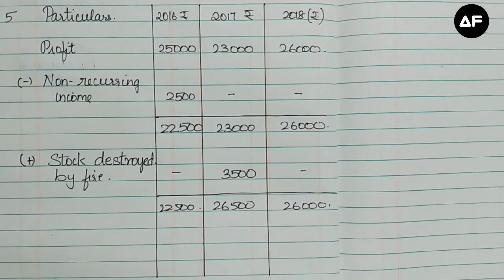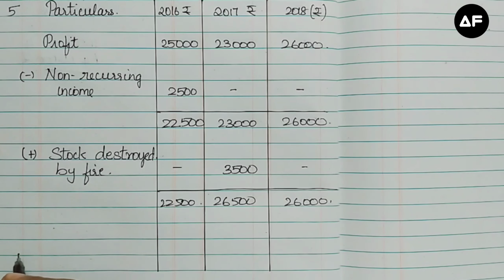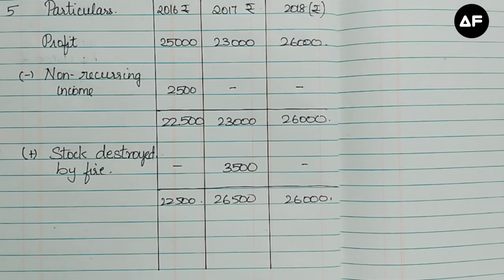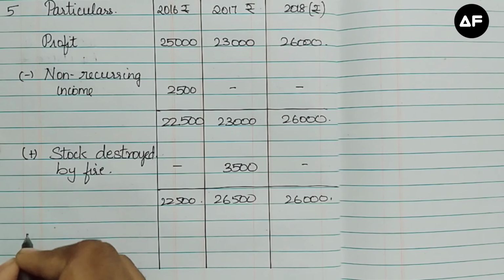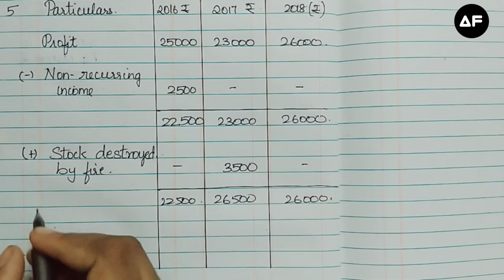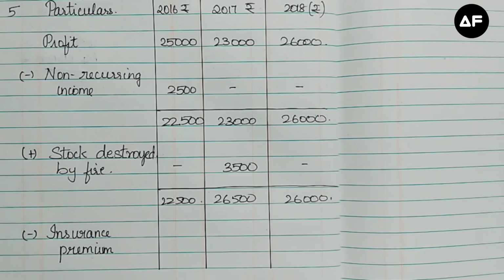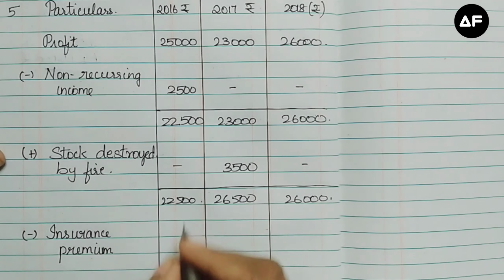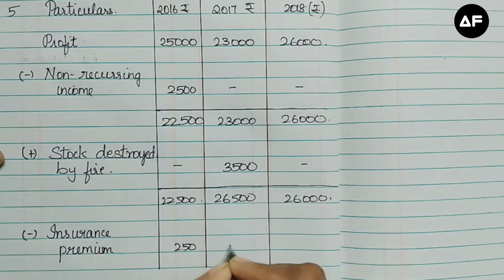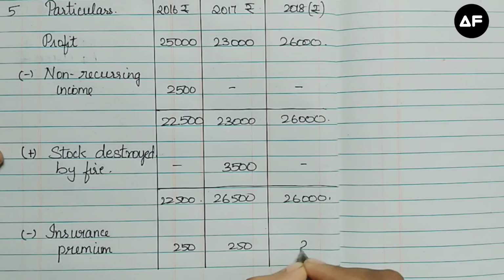Now they have decided to take insurance, and an insurance premium of 250 has to be paid per annum. So insurance premium, the expense has to be deducted. So the insurance premium of 250 rupees will be deducted from each year.